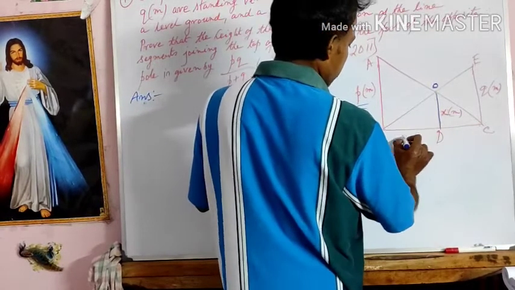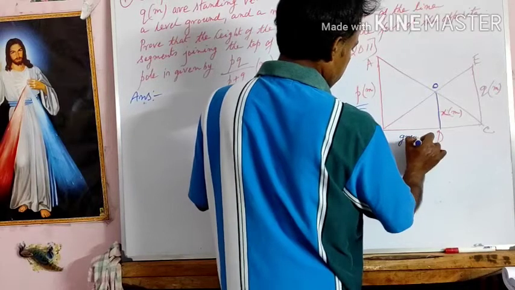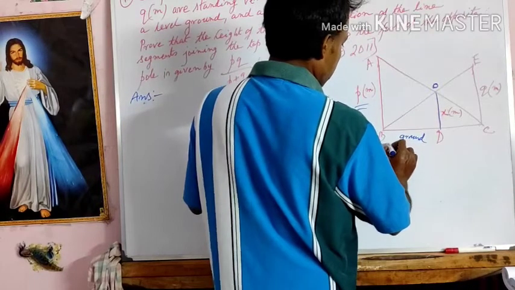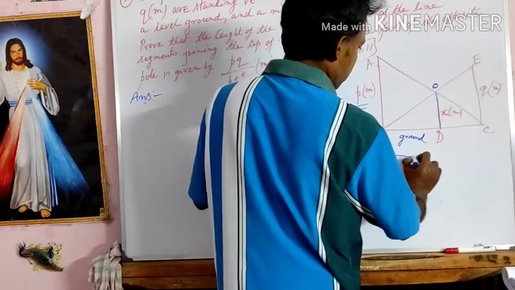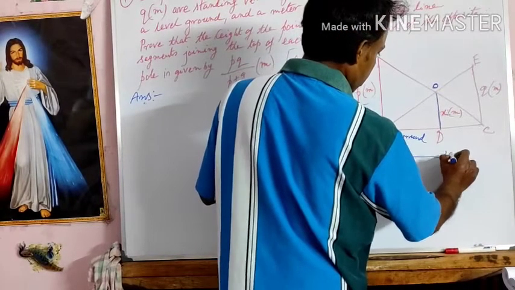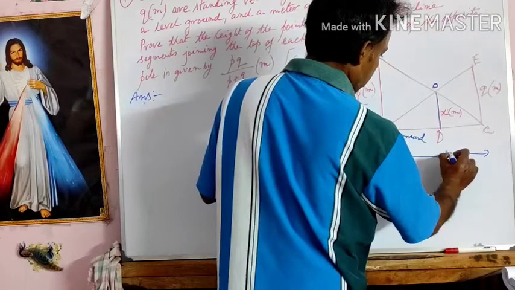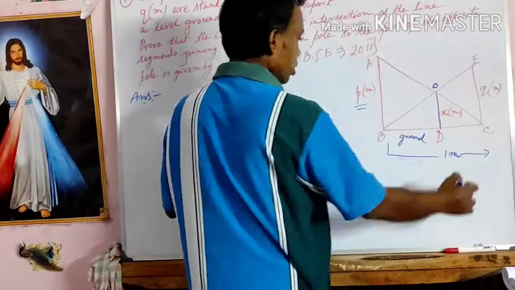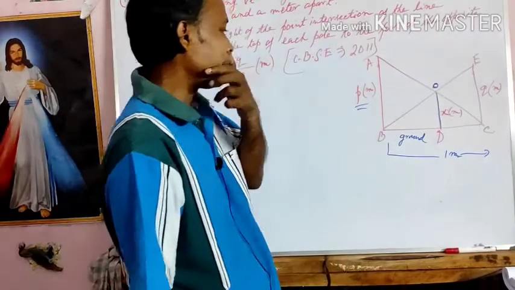BC is the ground, and the length of the ground BC is equal to 1 meter. B to C, one pole to another pole, distance is 1 meter.